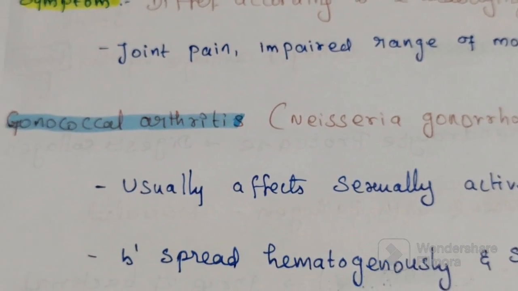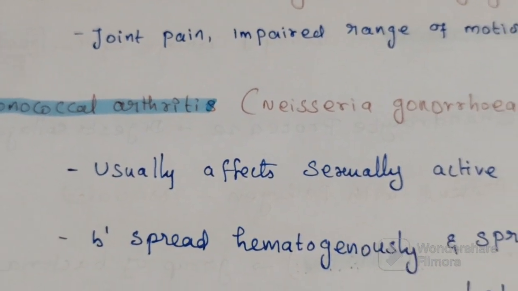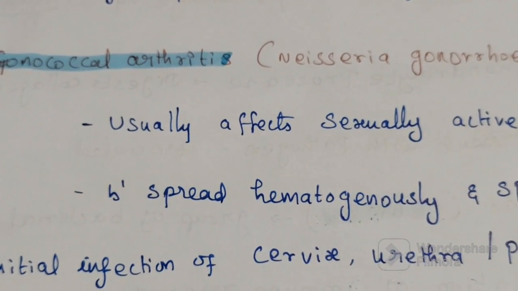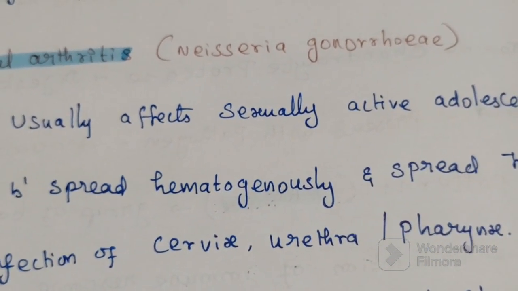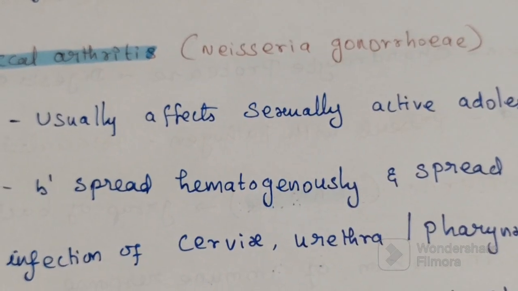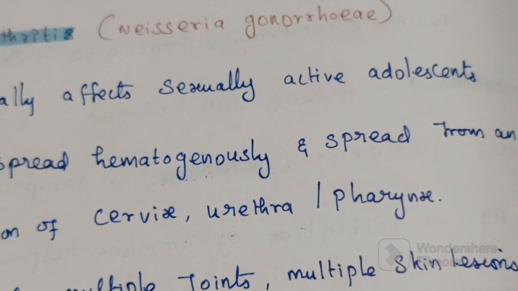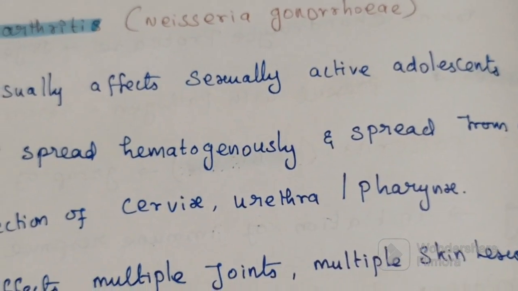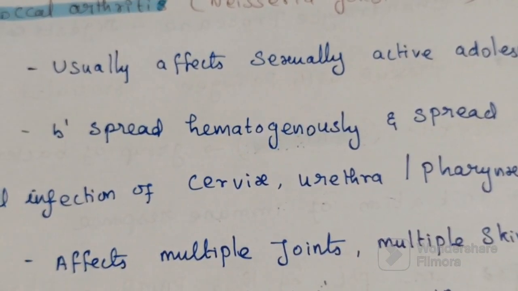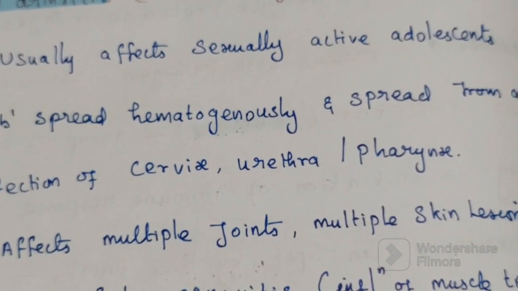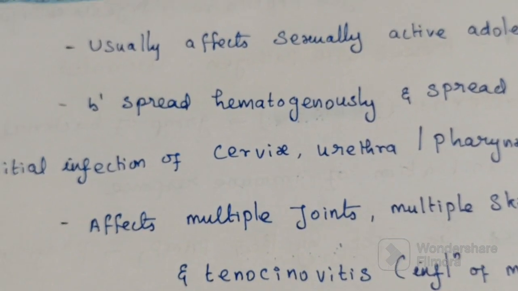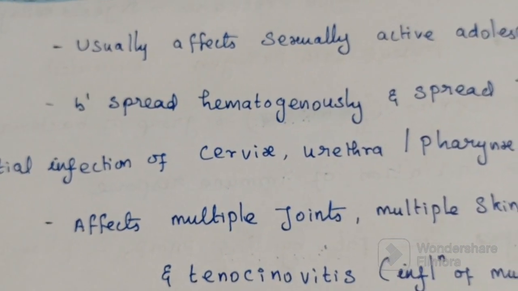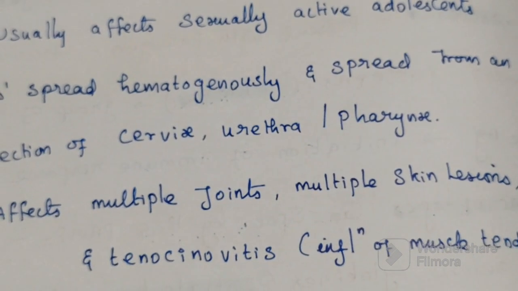So the first example, gonococcal arthritis, which is caused by Neisseria gonorrhoeae, usually affects sexually active adolescents. The bacteria typically spread hematogenously, so it will spread through blood from the initial infection of the cervix, urethra and pharynx.